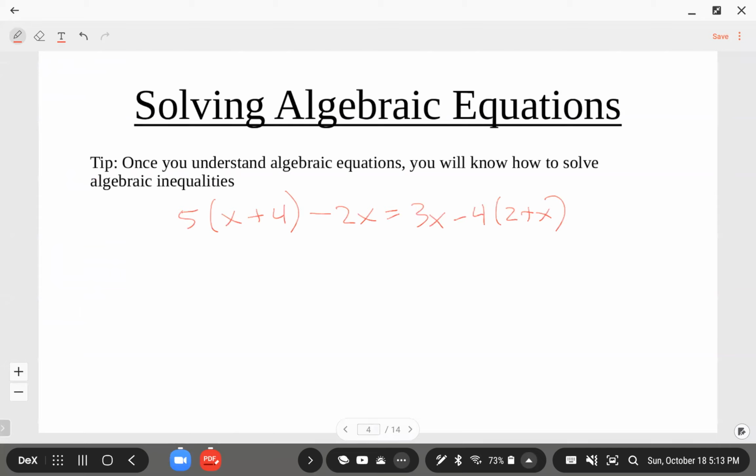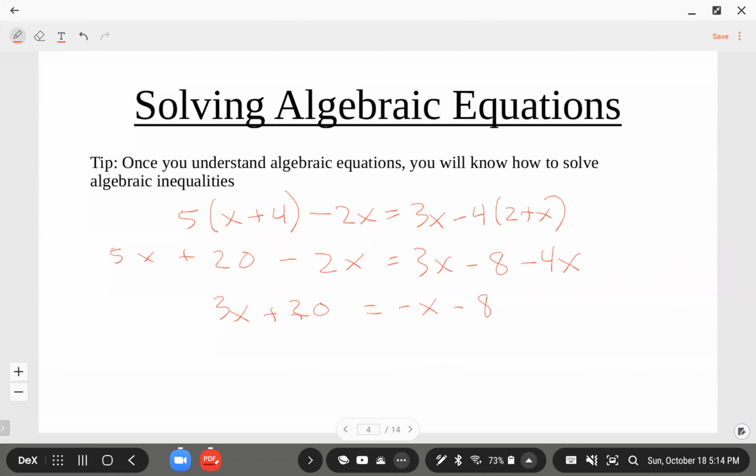Okay, let's unwrap the parentheses and simplify. So 5x plus 20 minus 2x equals 3x minus 8 minus 4x. First step. And now we just have to combine like terms. 3x plus 20 equals negative x minus 8.